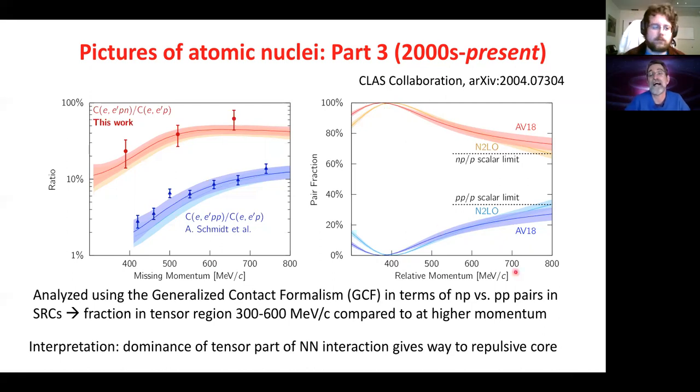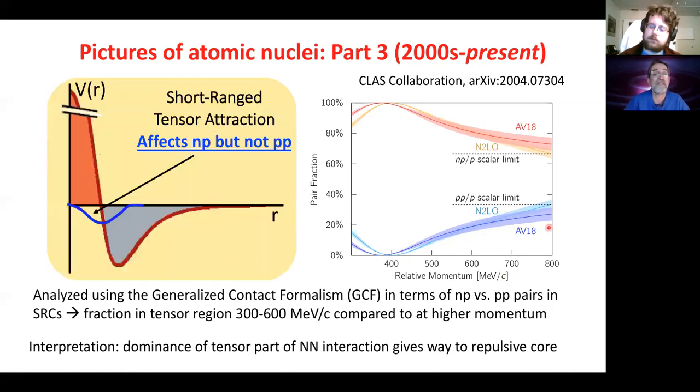If they go up to higher energy, then it was more the 2/3, 1/3 that you would have expected. So what they figured out was that this was actually probing a property of the interaction between neutrons and protons, which is something called the tensor interaction. So it's a different type of interaction than you're used to.